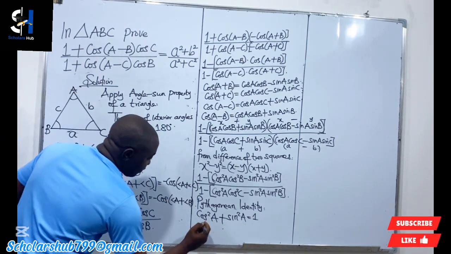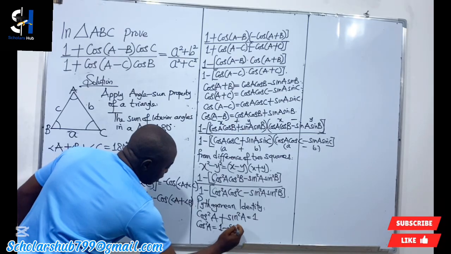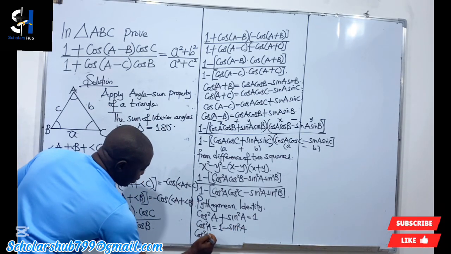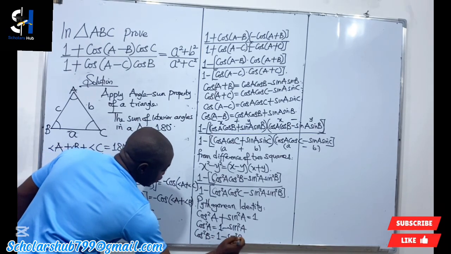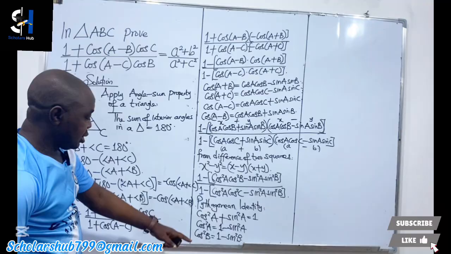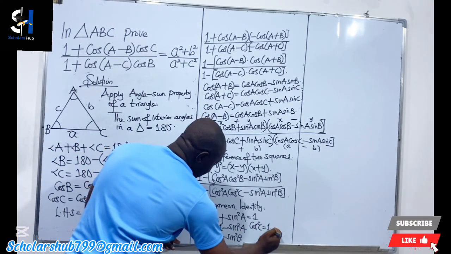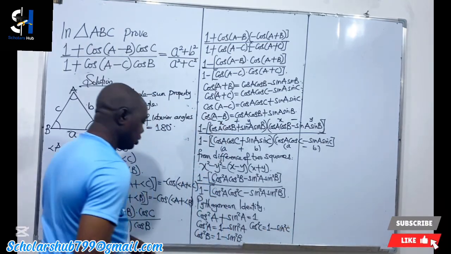So which means I can say that cos squared A equals 1 minus sin squared A. Similarly, cos squared B will be equal to 1 minus sin squared B. Then also cos squared C will be equal to 1 minus sin squared C.